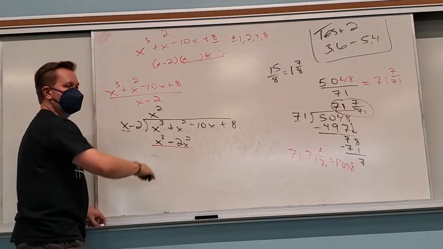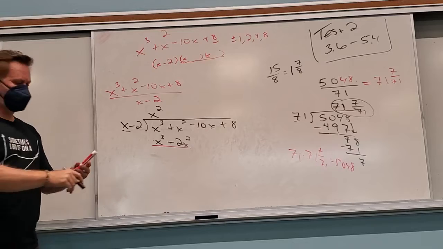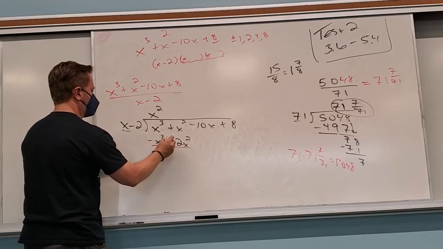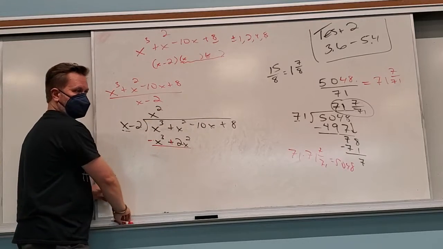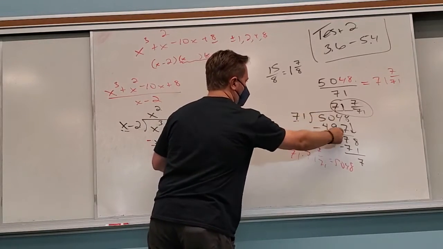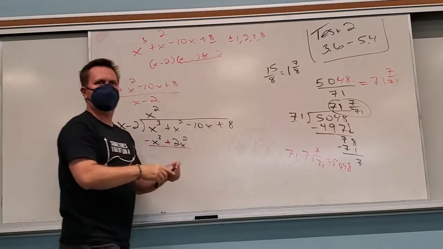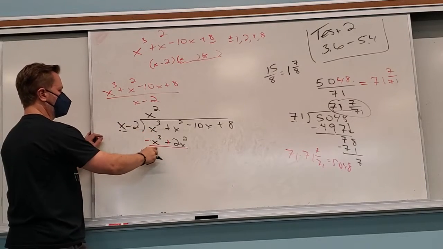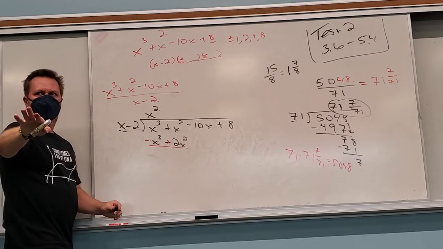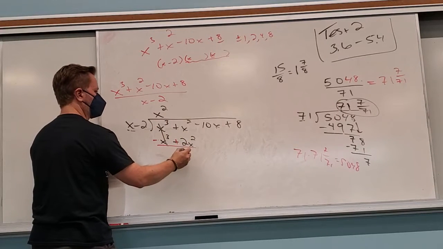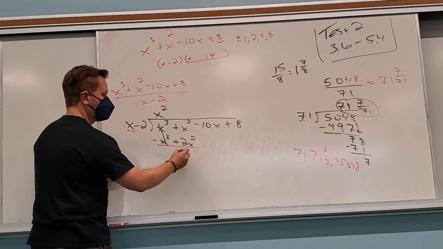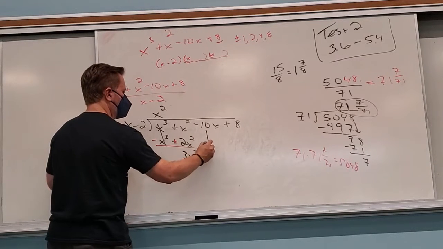And then what is the next general thing we do with all long division? We change the signs. So what's x cubed minus x cubed? What's x squared plus 2x squared? Say again? 3x squared. Bring down the negative 10x.